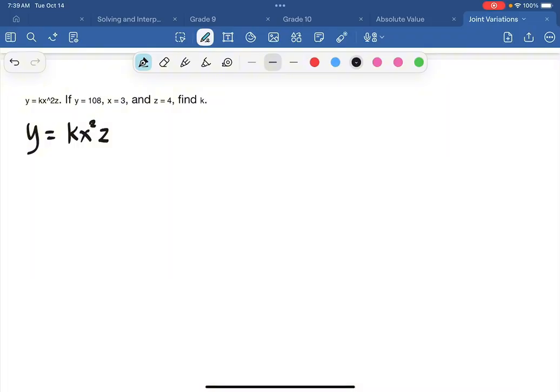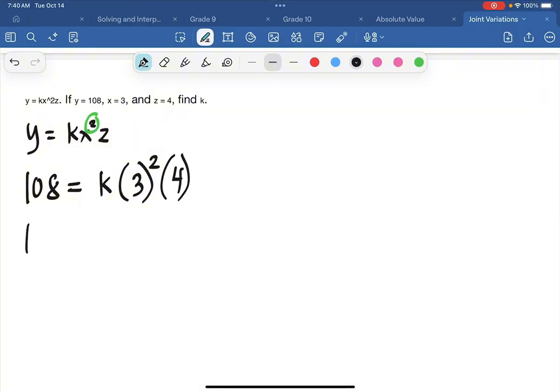Now, based on this, the value of y is 108 equals, we're looking for k, so missing. And then the value of x is 3. But then don't forget to have the square because it is given, times z, which is 4.